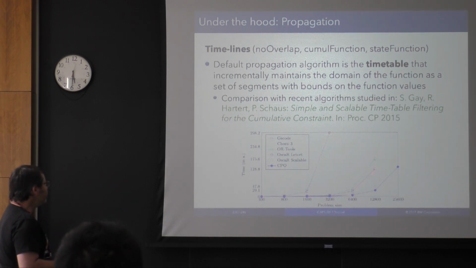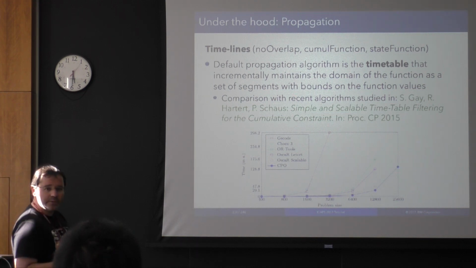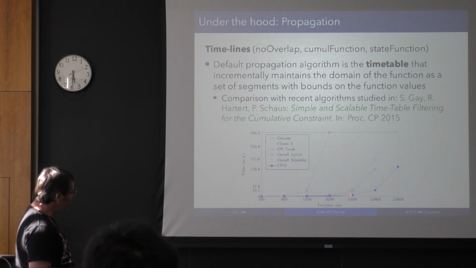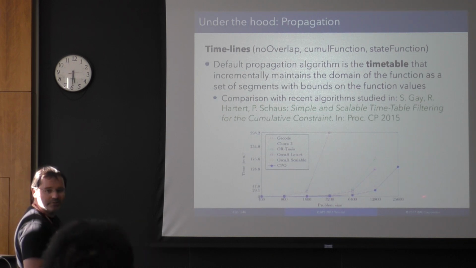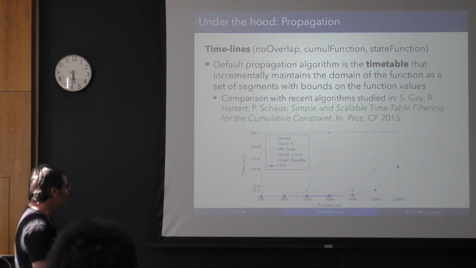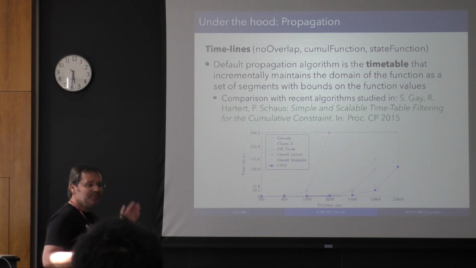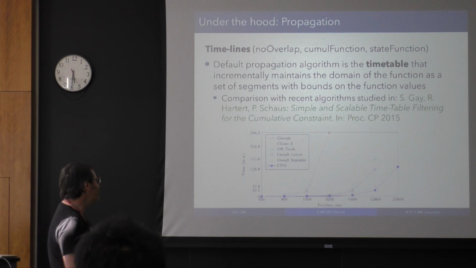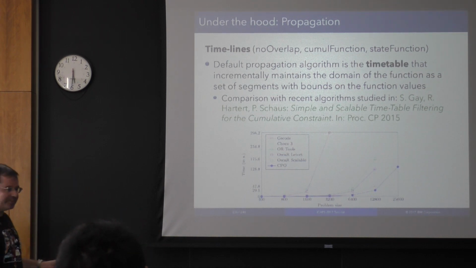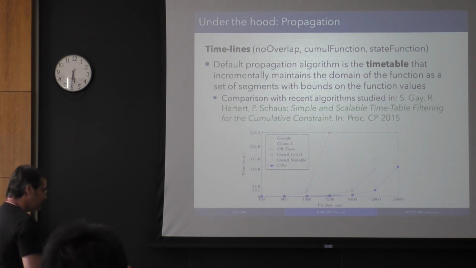I also recently did some comparison with state-of-the-art timetabling propagation, and you see that CP Optimizer is behaving quite honestly, quite good in terms of time versus the size of the problem. It's difficult to compare because CP Optimizer is optimized C++, and sometimes here it's Java. So I'm not saying it's better, but I'm saying it's very good.